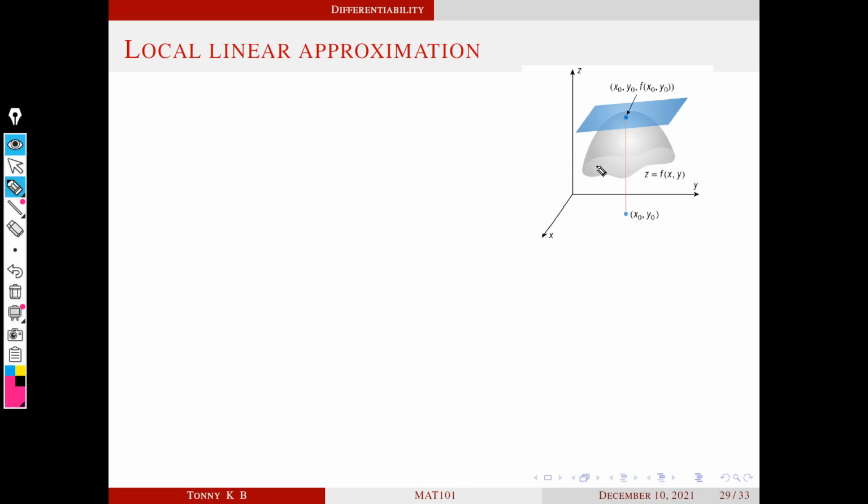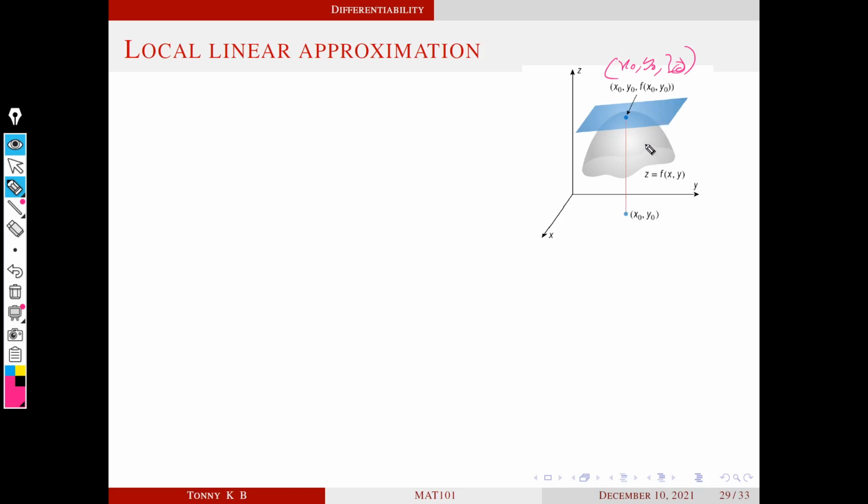Suppose this is our surface z is equal to f of x y and this is our point x naught y naught. The coordinate of this point is actually x naught, y naught, z naught, where z naught is the value of the function at x naught, y naught, that is f of x naught y naught. So we have to find the equation of the tangent plane in terms of the partial derivatives at this point.